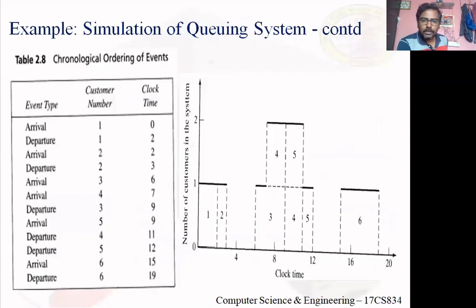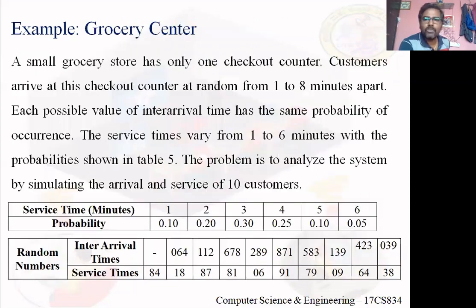Look at the time between 3 to 6 and 12 to 15: the server was idle. So 3 minutes and another 3 minutes, for a total of 6 minutes the server was idle.